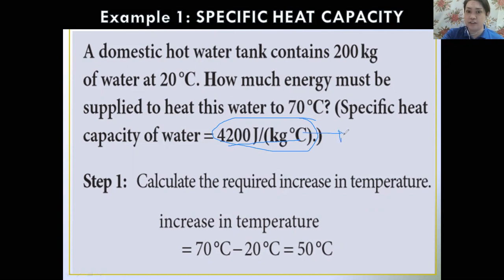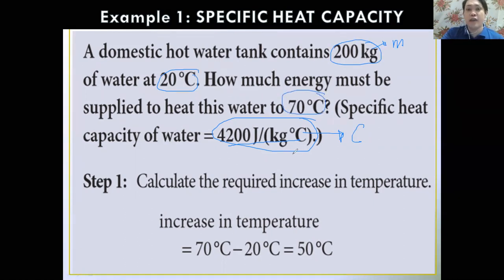This is your c, the capacity, the c in the formula a while ago. The next is the given mass, which is 200 kilograms. As you can see, this is your m. And then we have 20 degrees Celsius, and how much energy must be supplied to heat this to 70 degrees Celsius.